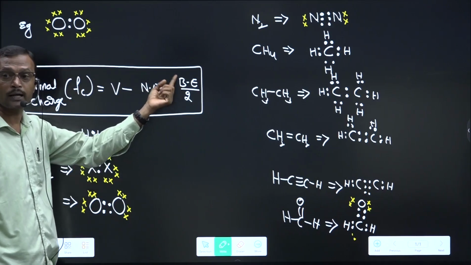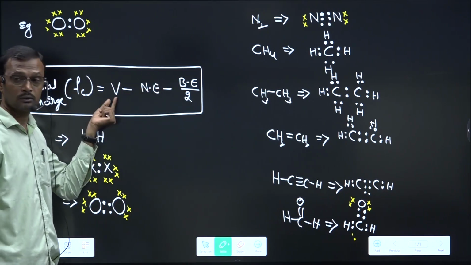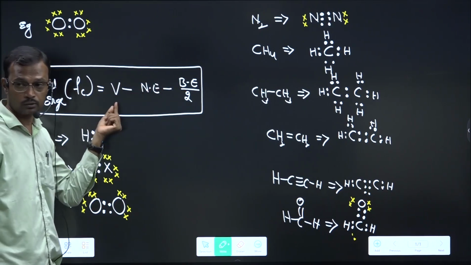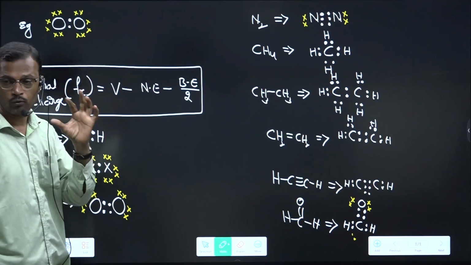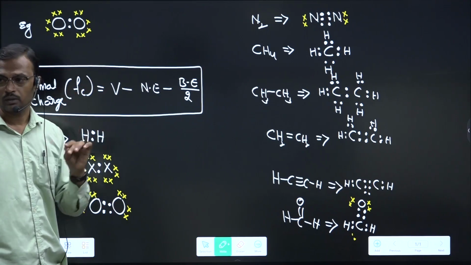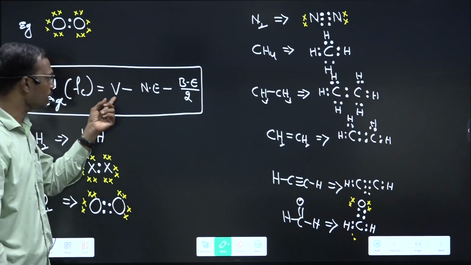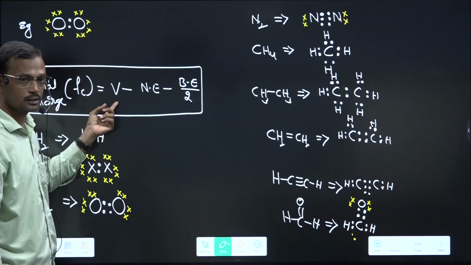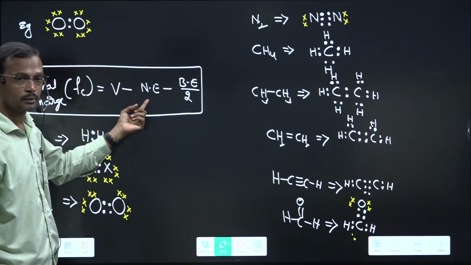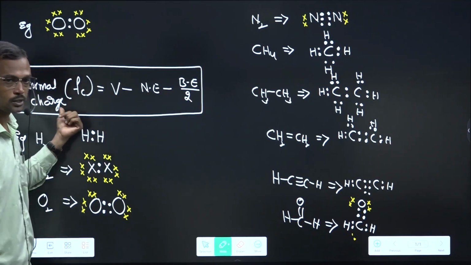Number of bonded electrons. Here this is not removal of electrons, it is the added electrons. Suppose if carbon is there, what is the valence of carbon? 4. It may be plus or minus, carbocation, carbanion, the valence of carbon is 4 only. So V is nothing but valency. N is the number of non-bonding electrons, and bonding electrons by 2 will give the formal charge.